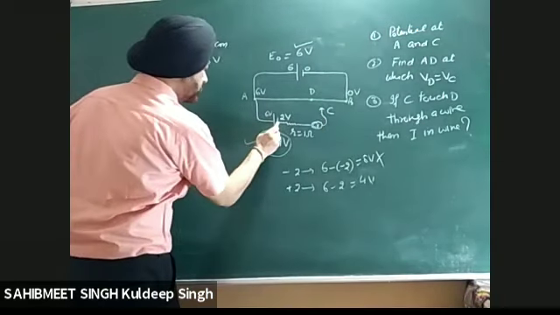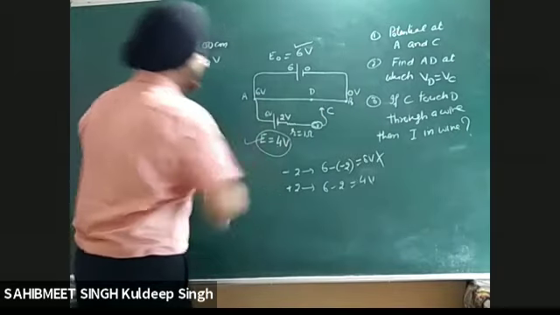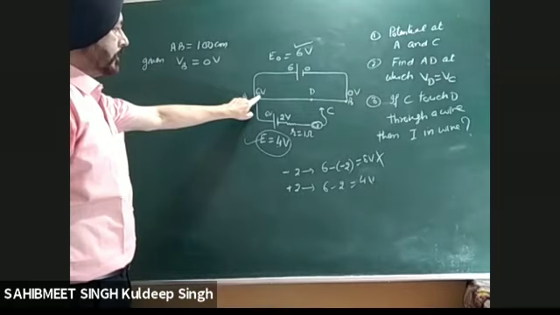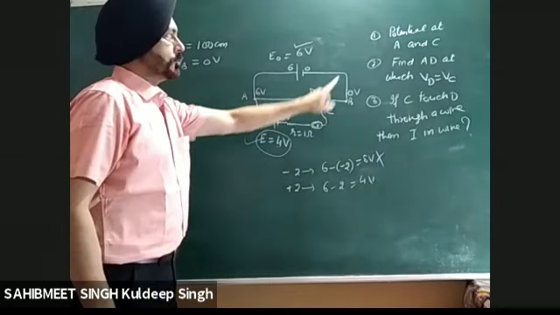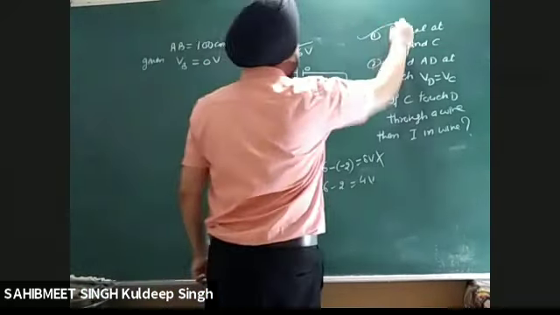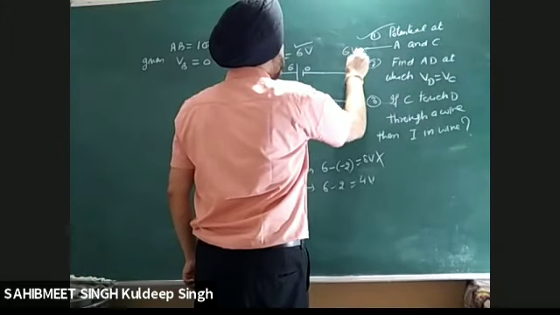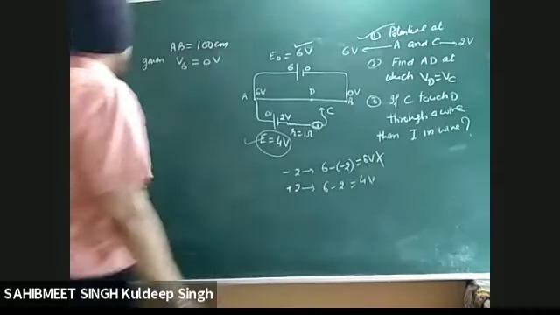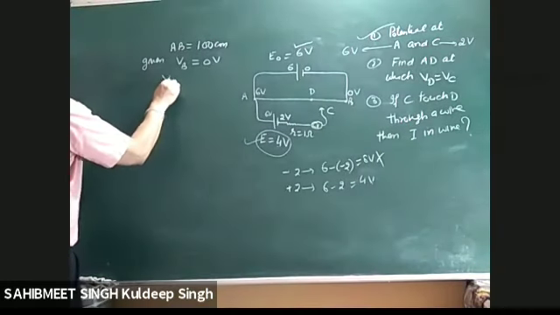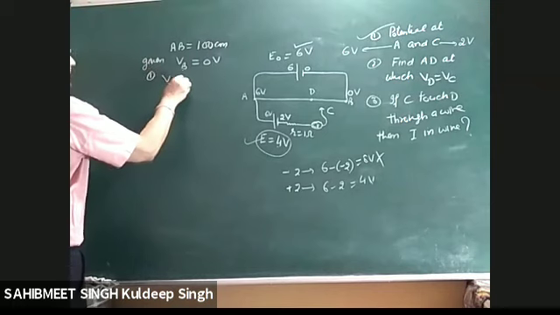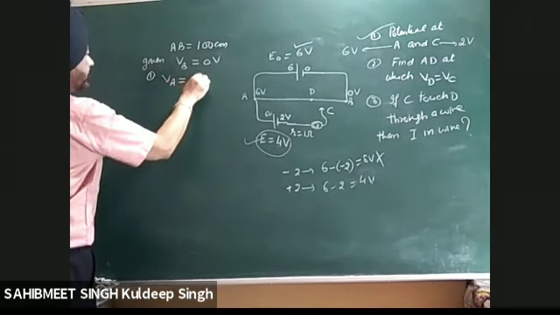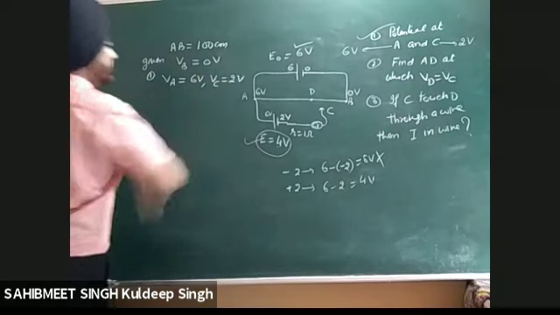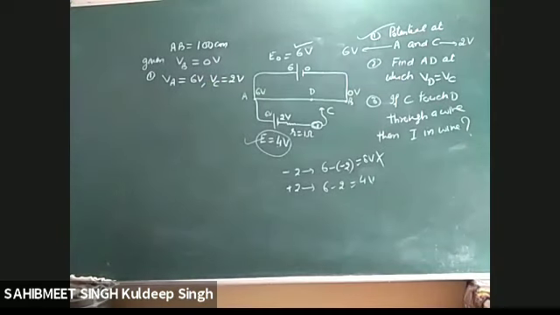So this 2 volt will go to point C. So A is at 6 volt, C is at 2 volt. The first is solved. VA is 6 volt and VC is equal to 2 volt.